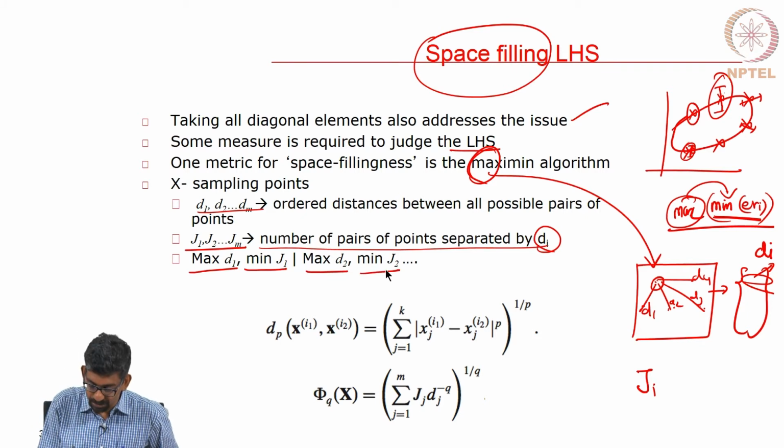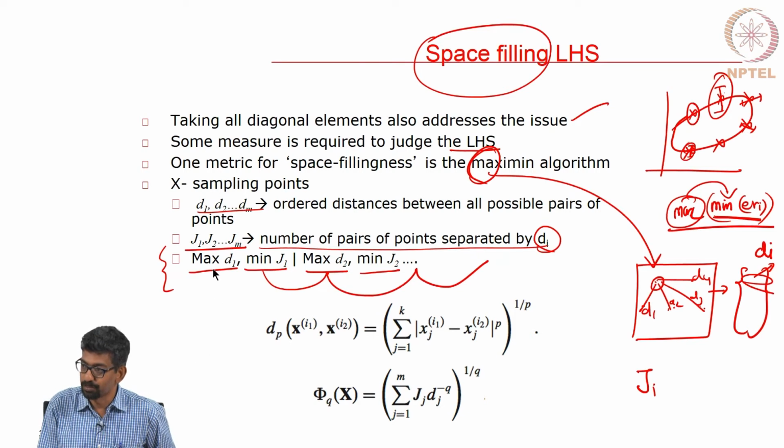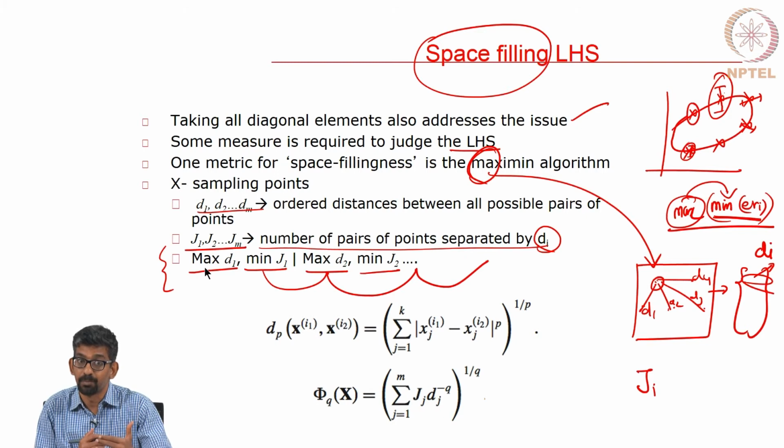If you go to the book, there will be a theorem that will generally say maximize Di while you minimize Ji. But there could be a case where you will have to keep doing this in a consequent sense. That is why I wrote it like this. You want to maximize D1 while you want to minimize J1, meaning the number of pairs that share that distance, you want to minimize that.